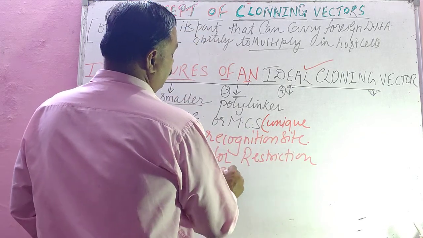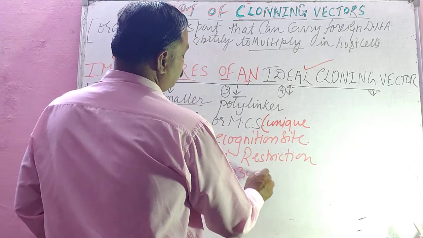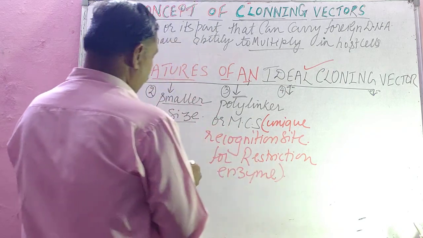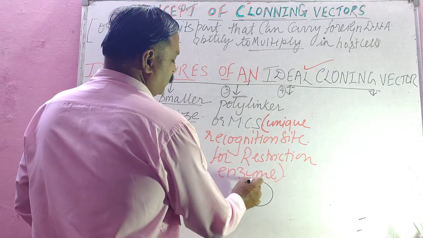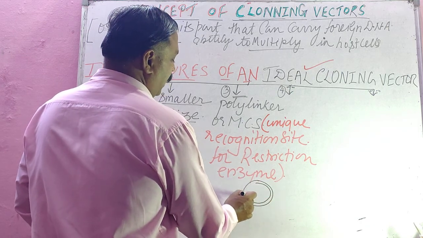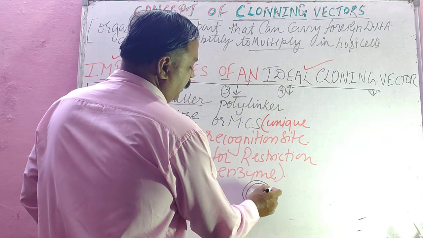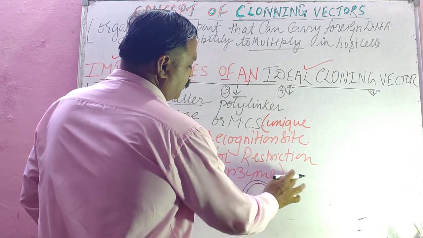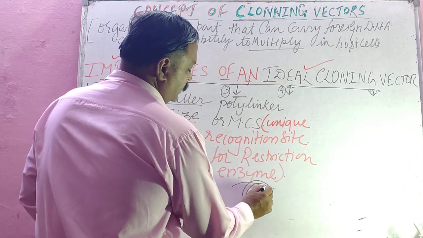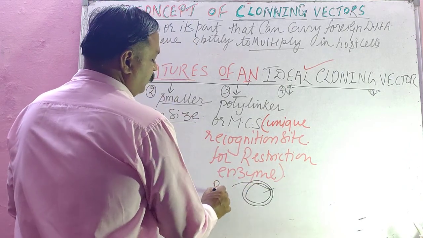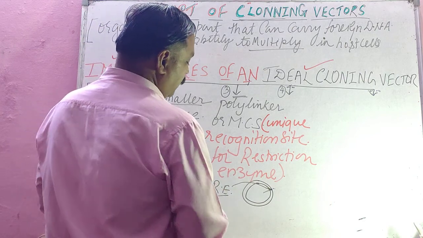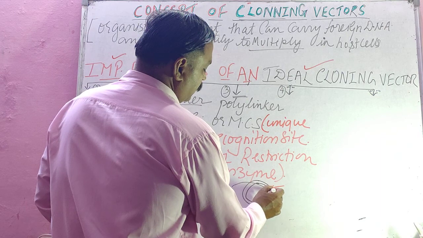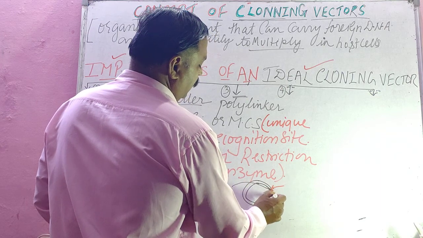Means restriction enzyme, like this is a cloning vector or plasmid. So it should have this polylinker site which can be easily recognized by any restriction enzyme, where the foreign gene can be inserted. So this is polylinker site.